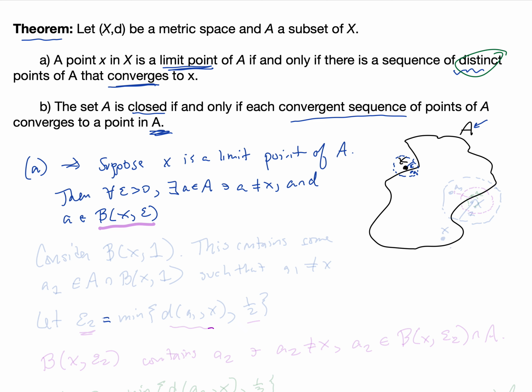So basically what we're going to say is first consider the ball centered at X of radius 1.